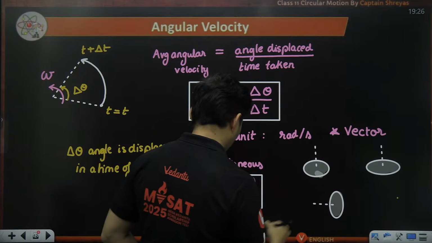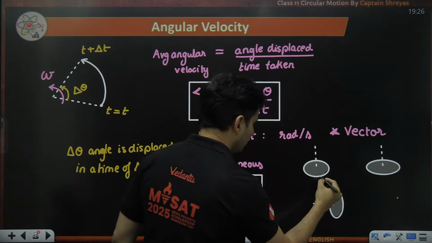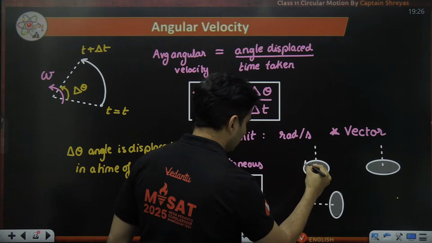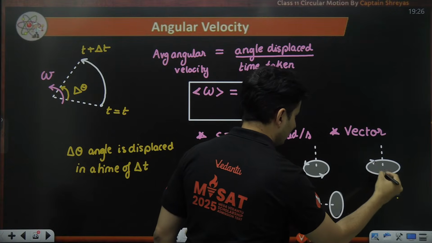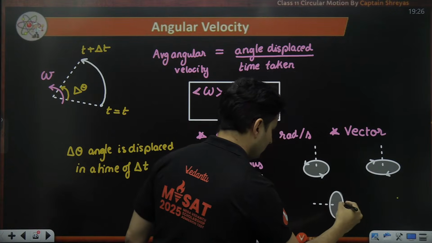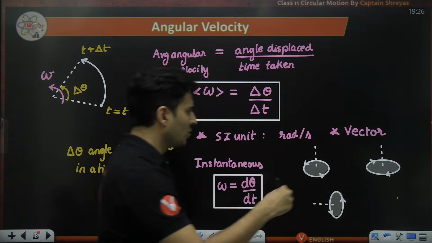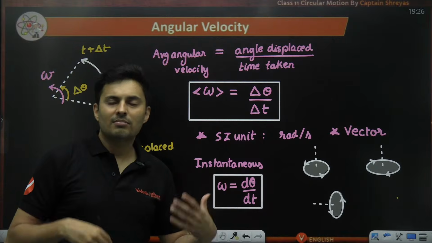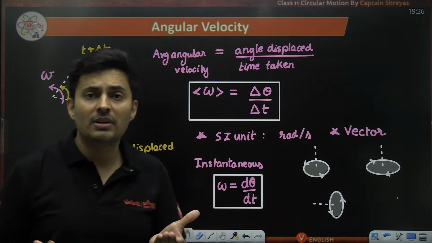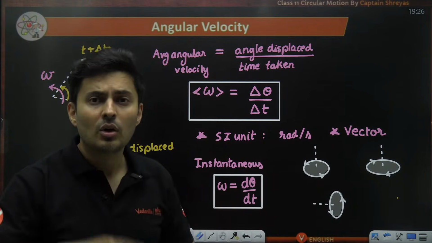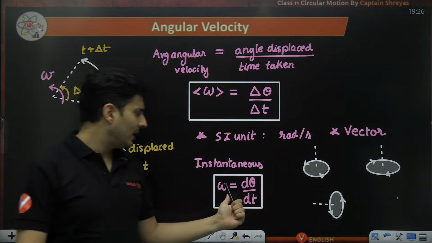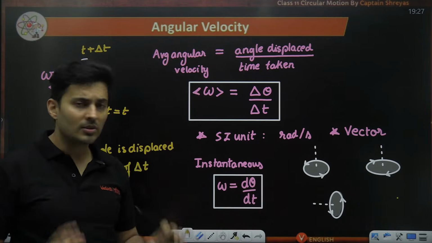Observe this now. I've just shown some rotating bodies, and I'll tell you the manner in which you can find the direction of omega. Omega is a vector quantity. How to find the direction of omega? Observe.